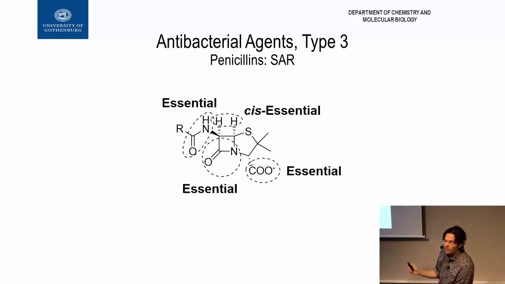It means if I do one tiny change with it, activity goes down. It won't behave like it should. The only place I can do modifications is here, the R group. All other things I can't really change very much because then I kill the drug. So it doesn't allow us to do a lot of variations.